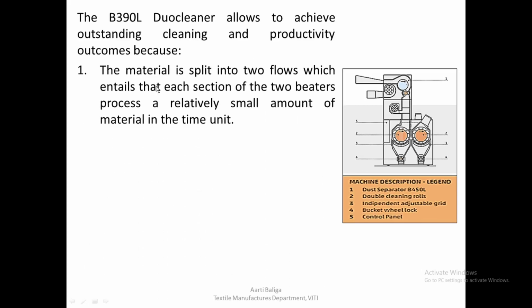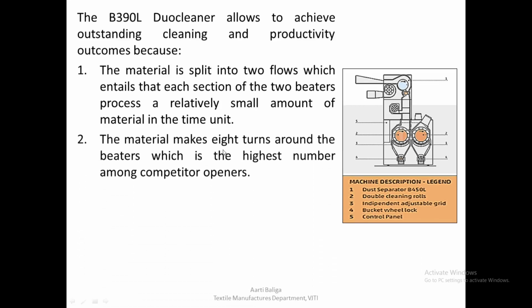So now it is able to achieve outstanding cleaning and productivity because the material is basically split into two flows, which entails that each section of the two beaters processes a relatively small amount of material in a particular unit time. Since the material gets split at the first beater level itself as soon as it enters, the beater has to deal with small amounts, and it is able to clean better.